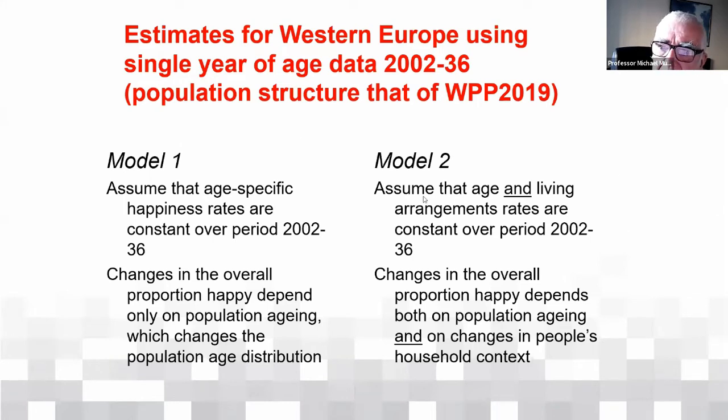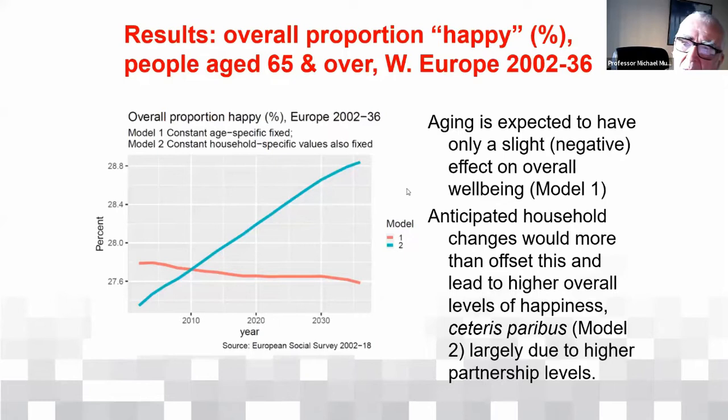When we do that, what we find is that in model 1, when the age-specific rates remain constant, we would actually get a slight decline in happiness over time because of population aging and a slight tendency for population happiness to decline with age, but a very small effect.